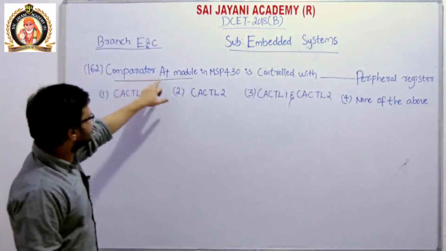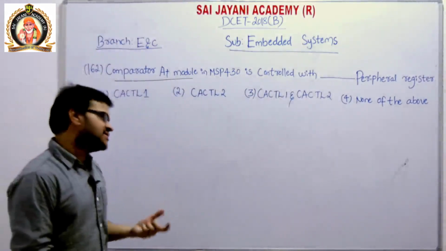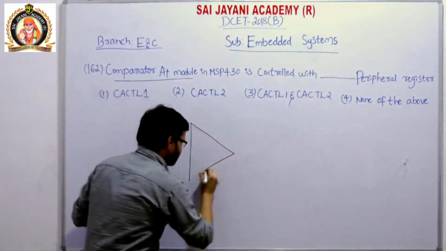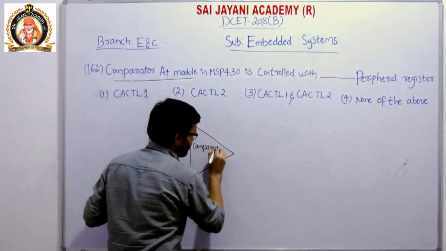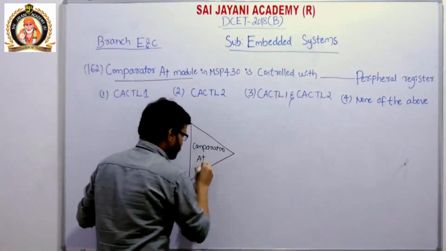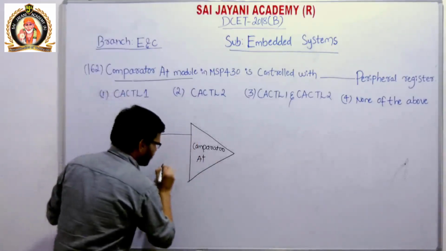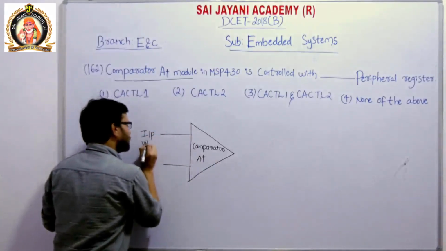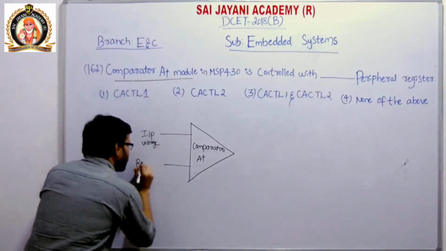Here the Comparator A+ module compares the input voltages on its input terminals. Consider this is a Comparator A+ module. These two are the input terminals. Here we are giving the input voltage and here we are giving the reference voltage.